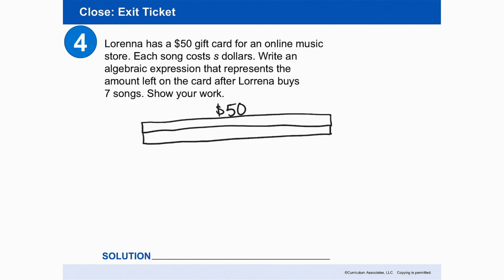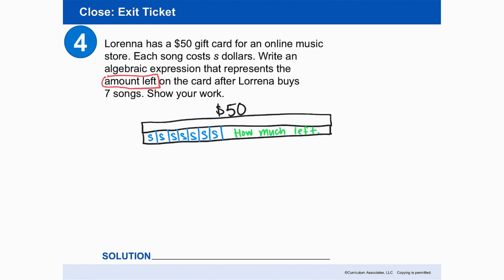So the amount left, I'm thinking about that already, thinking this may need to be using operation subtraction, right? So let's see. So it says she's going to buy 7 songs. So I'm just going to go 1, 2, 3, 4, 5, 6, 7. That's how many songs she has purchased. Now I see this is how much left over.